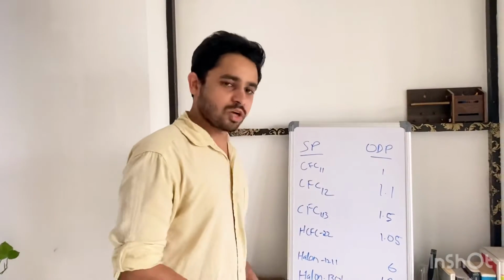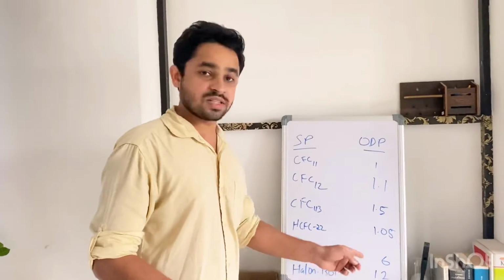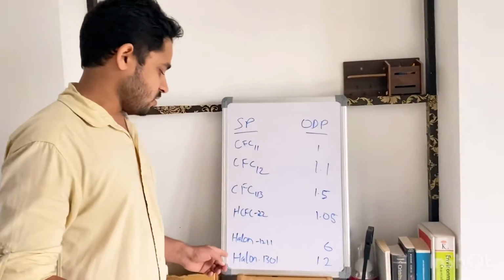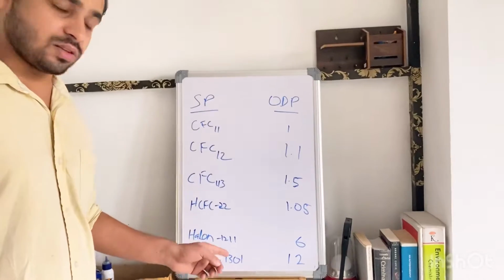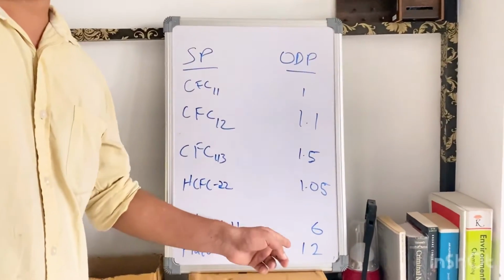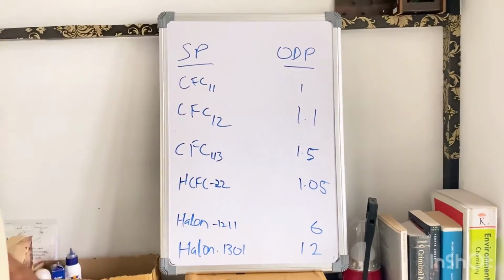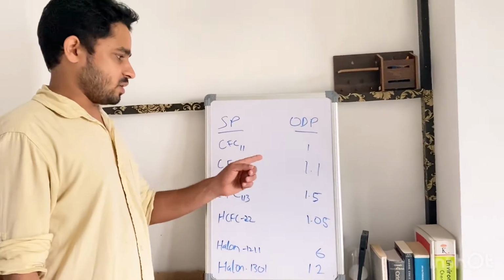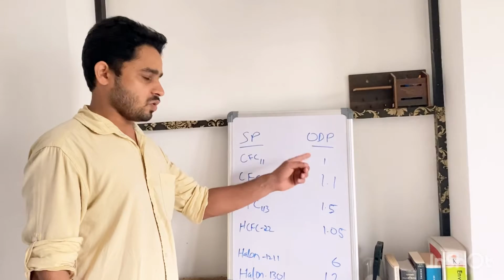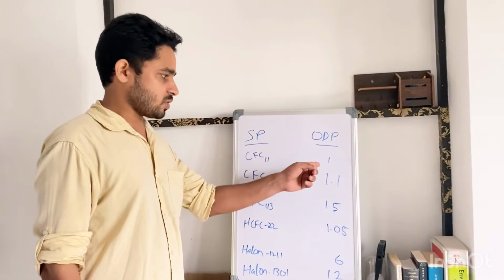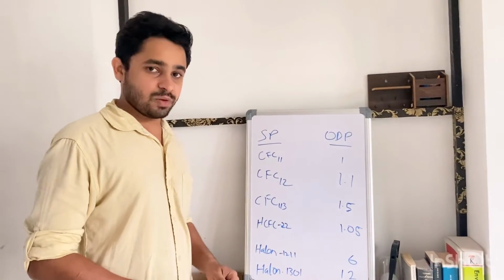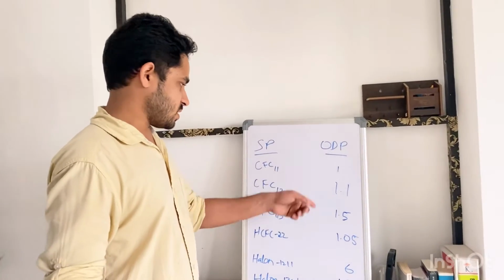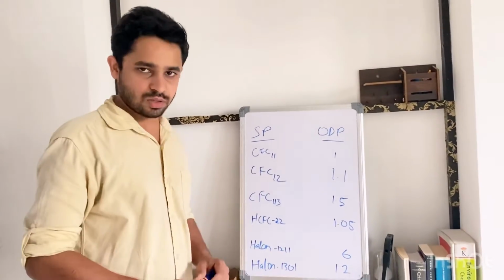The ozone depletion potential of halon 1211 is 6, and of halon 1301 it is 12. Keep it in your mind. CFC 11 has the lowest ozone depletion potential. However, HFC will have much lesser ozone depletion potential compared to CFC 11.